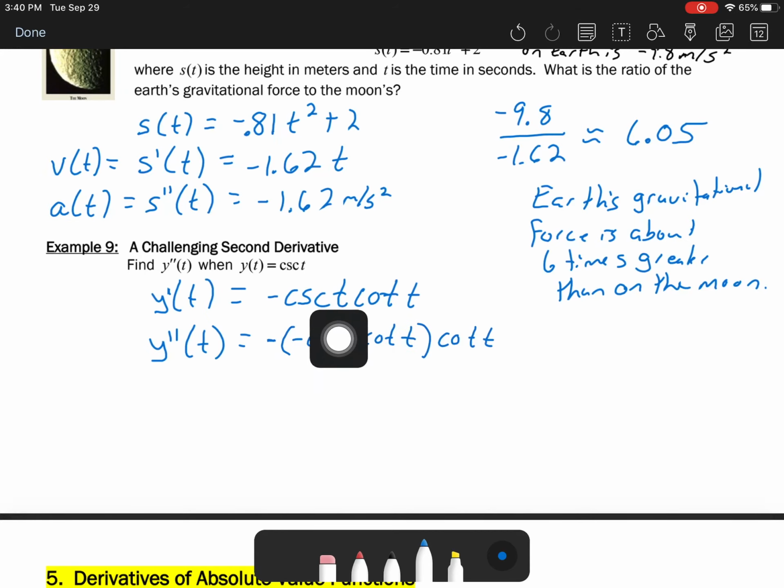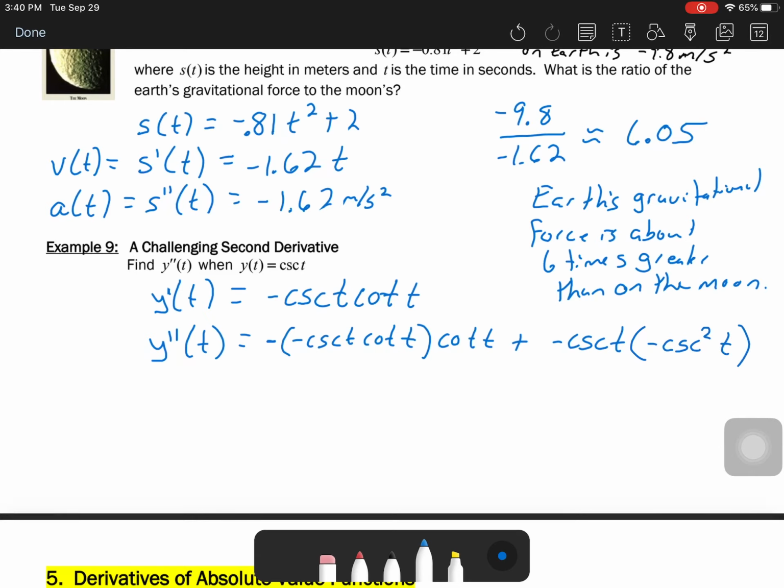So let's see, try to follow this. What I did here in my product rule, derivative of the first times the second. I just kept that negative there, which is going to end up canceling that. And then plus the first, leave that one alone, negative cosecant t times the derivative of the second. Well, the derivative of cotangent of t is negative cosecant squared of t.